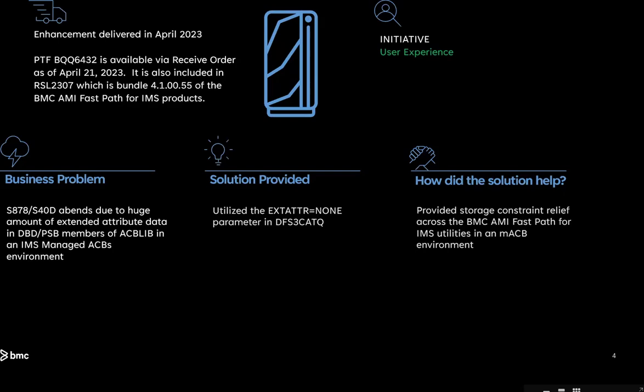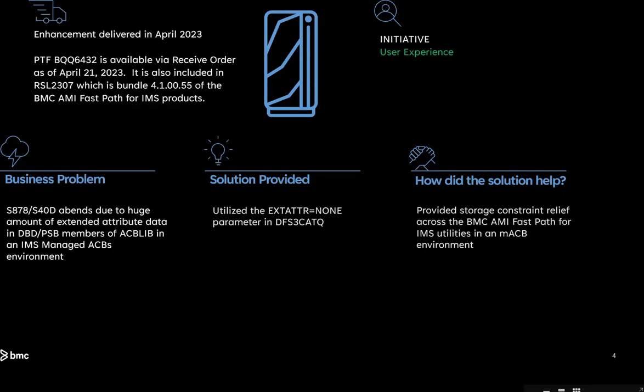So what we did was exploit the new EXTATTR equal to NONE parameter in situations when extended attributes are not required, for example for the non-PFX utilities. What we found out was additional storage may not always cause S878 abends, but if extended attributes are not required in some cases, we should not request them from the API.